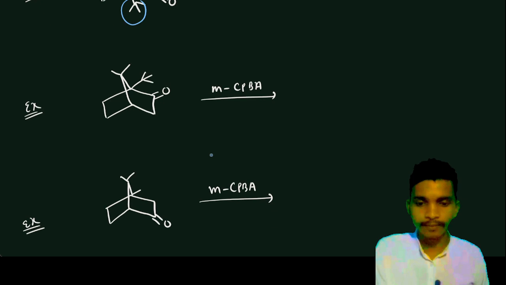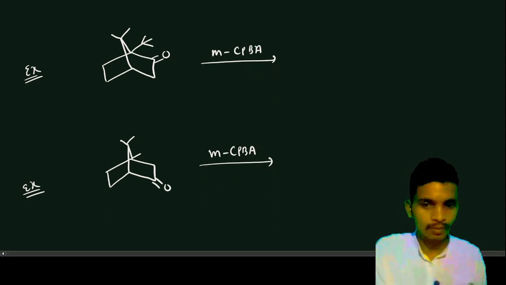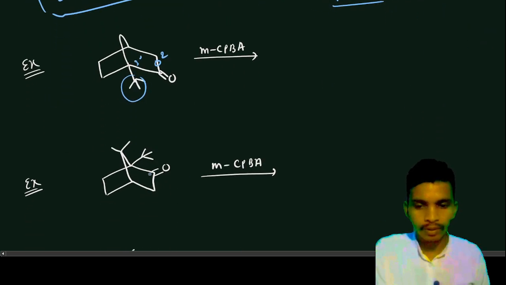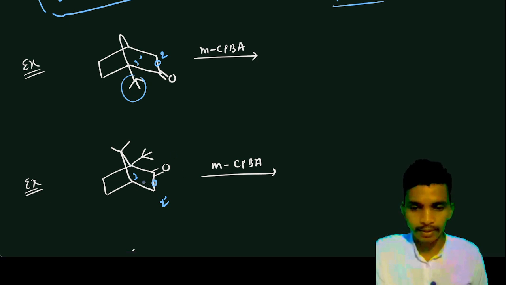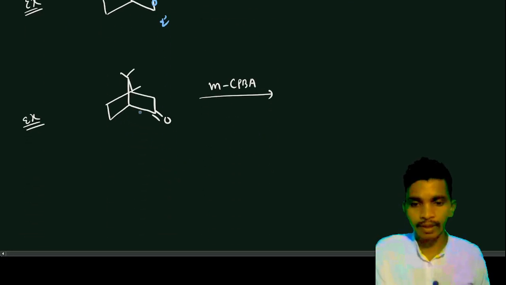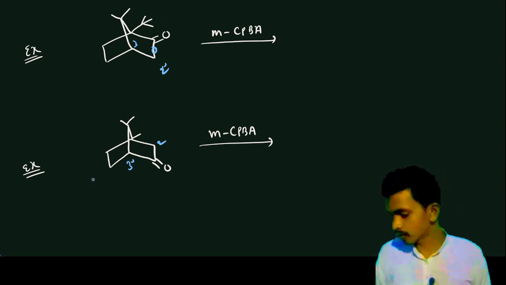Okay, similarly moving to these examples, here also we see that this is 3-degree carbocation, this is 1-degree carbocation, and this is 2-degree, but this is highly sterically hindered, so O will be added here, not there. Okay, similarly in these examples, this is 2-degree and this is the 3-degree, and this is the last example.